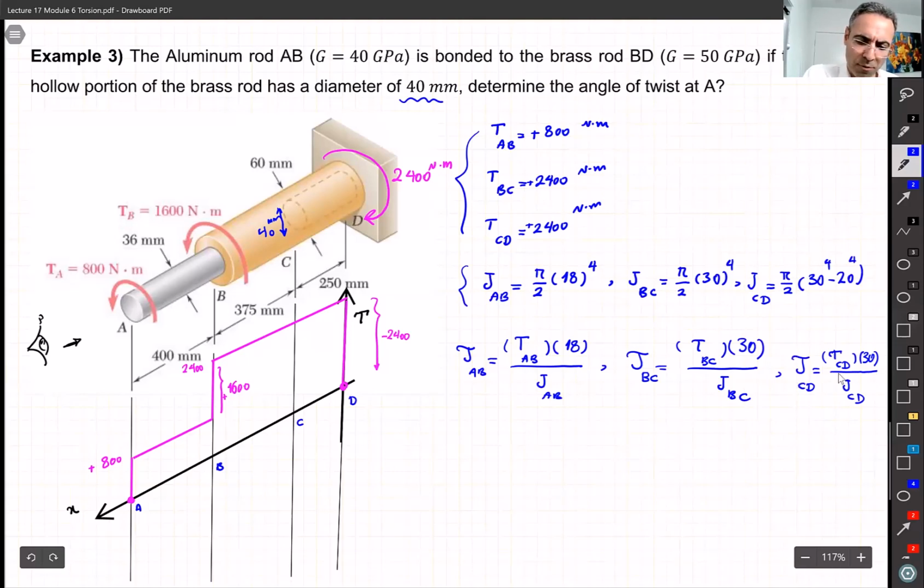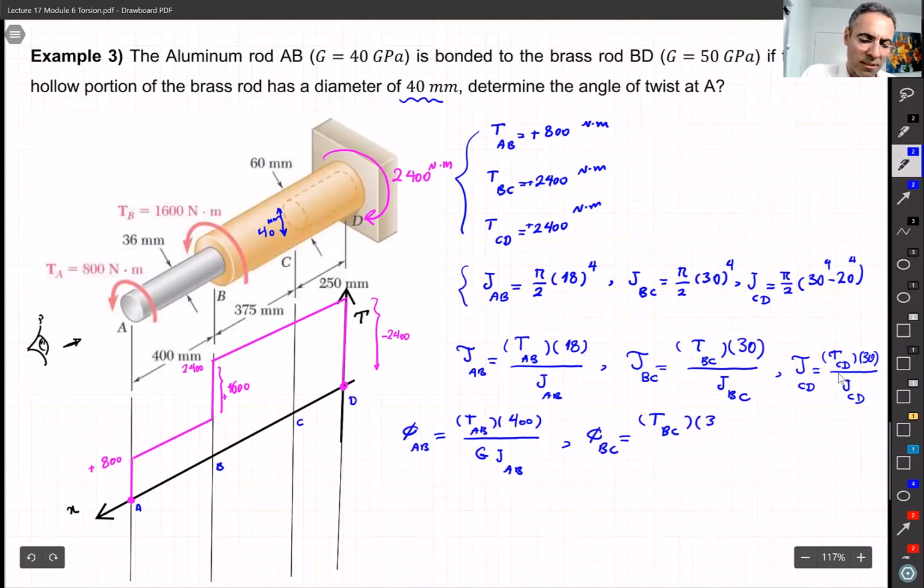So we do the same for phi, phi AB, TAB, the distance from A to B, which is 400, and G, JAB, phi from B to C is going to be TBC.